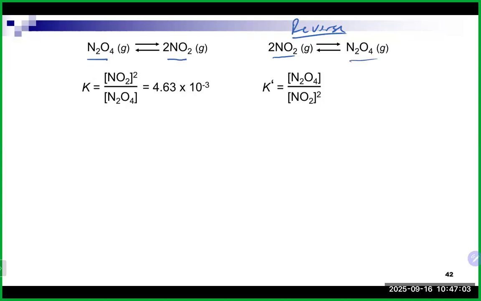What happens when you reverse a reaction is your reactants become your products and your products become your reactants. In the case of the equilibrium constant, you would have to take 1 over the equilibrium constant. So if you reverse a reaction, you need to take 1 over the K value that was given to get the new K value. In this example, it would be 216 by taking 1 over it.